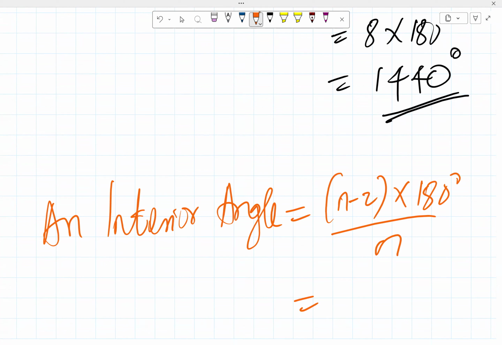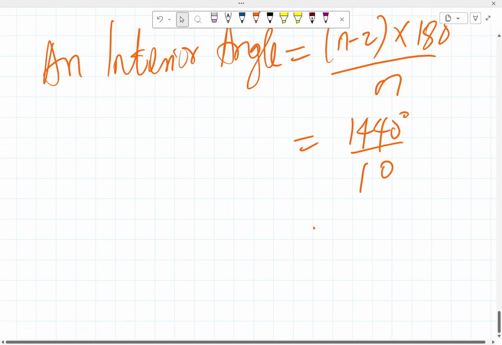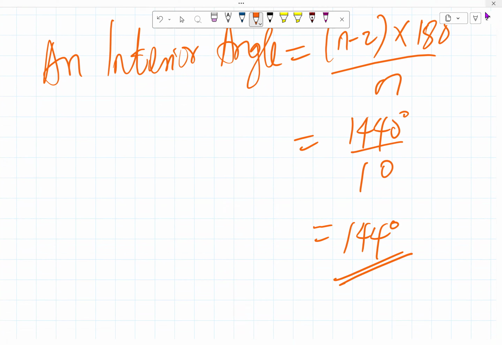Of course, we've done that already. We know this is 1440 degrees divided by 10. So we then have 1440 divided by 10, that's 144 degrees. So one interior angle of a decagon is 144 degrees, like that.